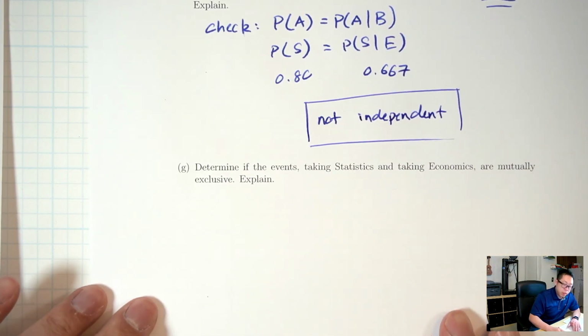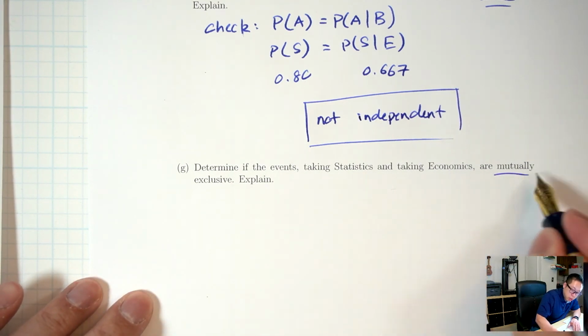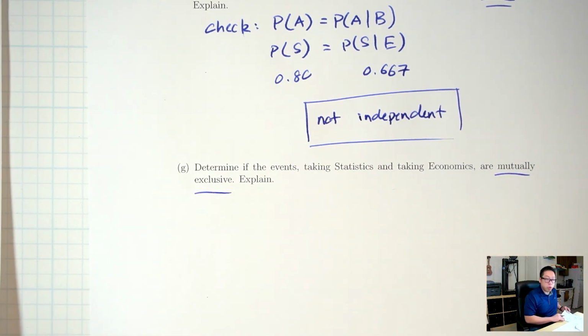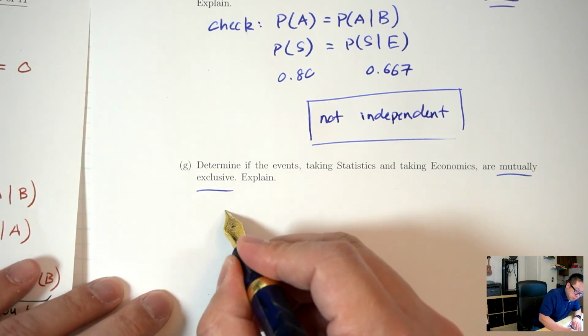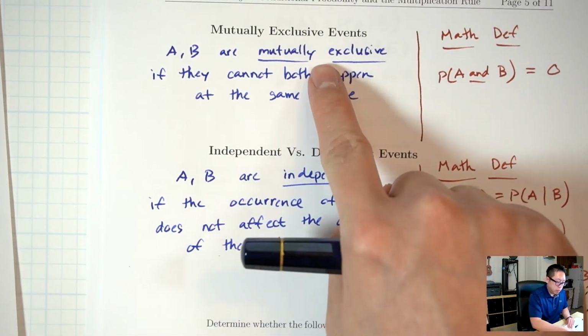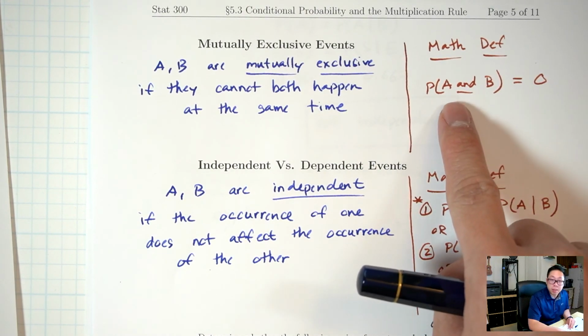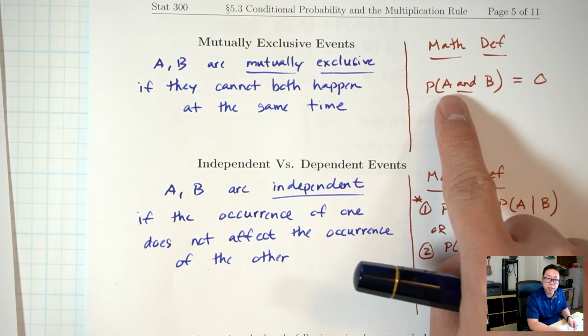Part G, determine if the events taken statistics and taken economics are mutually exclusive. So here we're checking this equation. So let me rewrite that with S's and E's here. So we're looking for probability of S and E equals 0.